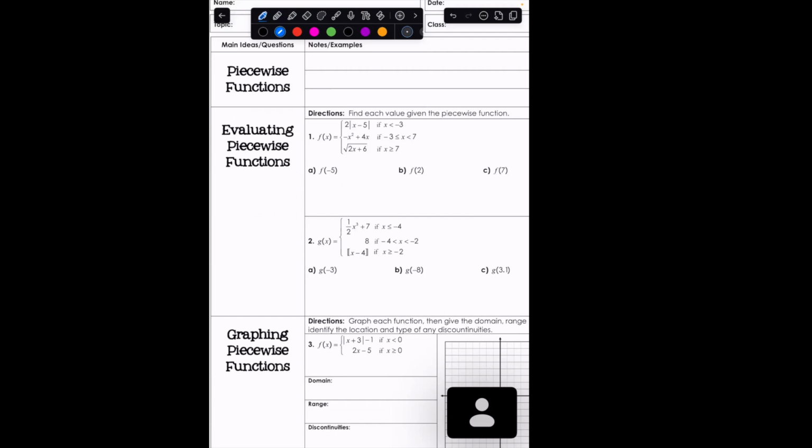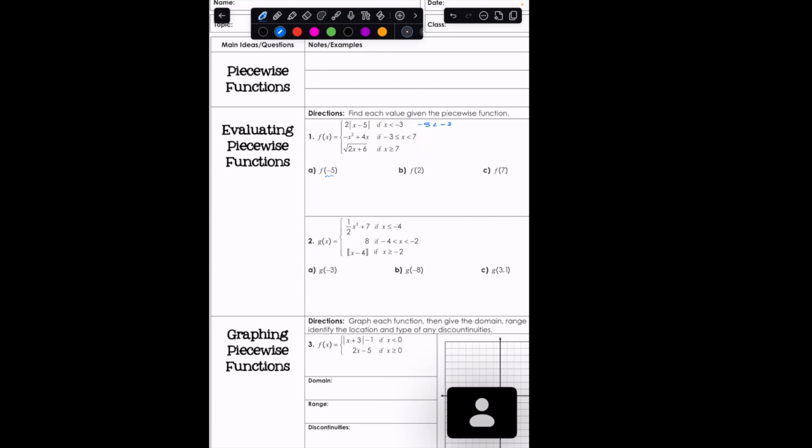So we need to be comfortable with this concept of domain restrictions. Those tell us what piece we're looking at. This first one asks us for f of -5. So we have to figure out what piece -5 is going to be placed in. Does it make this inequality true?